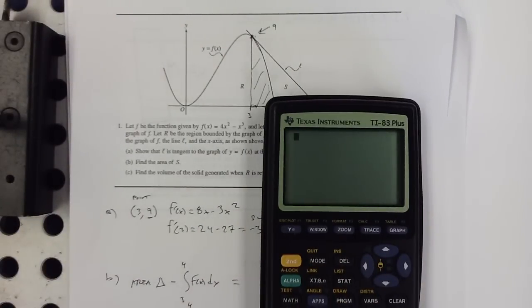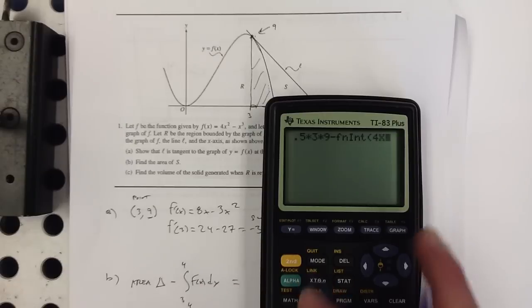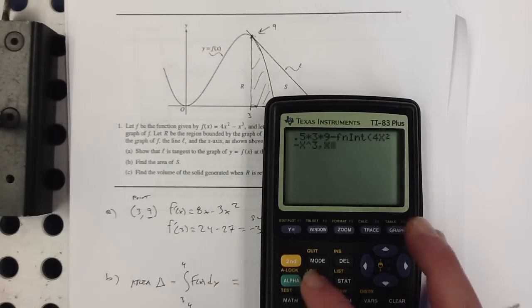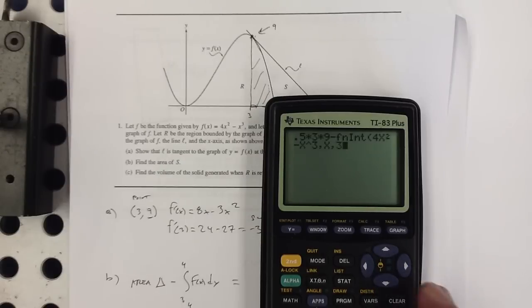So let's do it with our calculator. So I got 1/2 times 3 times 9 minus math 9. The integral, we've got 4x squared minus x cubed comma x comma 3 comma 4.